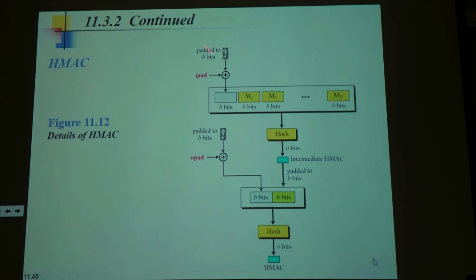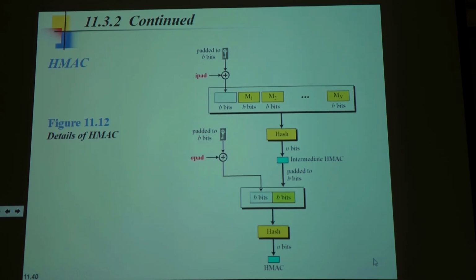So you combine the ipad with the b-bit blocks, then you create a hash. Then you pad it to the b bits with the output pad. The hash will create n bits. So the intermediate HMAC, padded to the b bits, you have from this side and from this side, and then you hash it again, and then you create the HMAC.